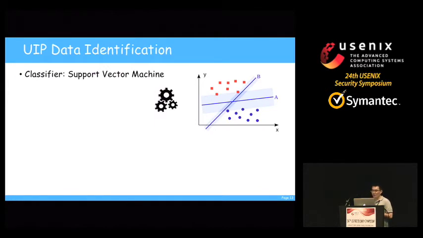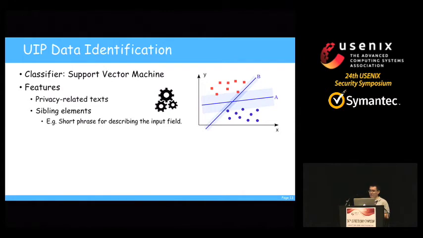Next, UIPicker uses a support vector machine to train a classifier for UIP data identification from their textual semantics. A single word alone usually does not provide enough information to decide whether a given element is privacy-related. However, all such features in combination can be quite suitable for this task.